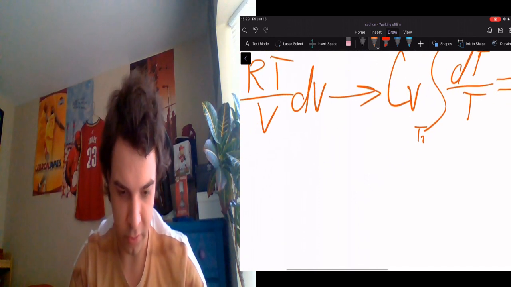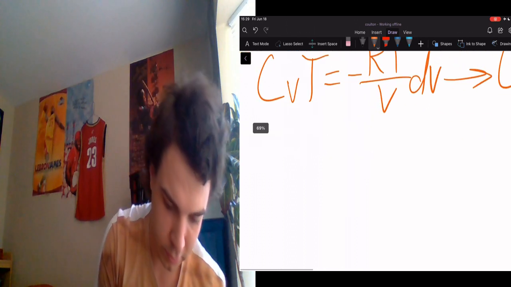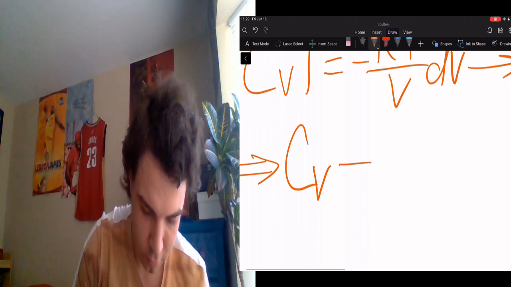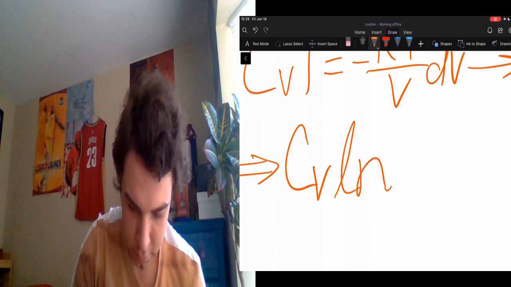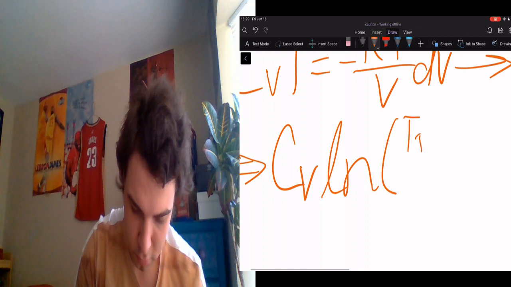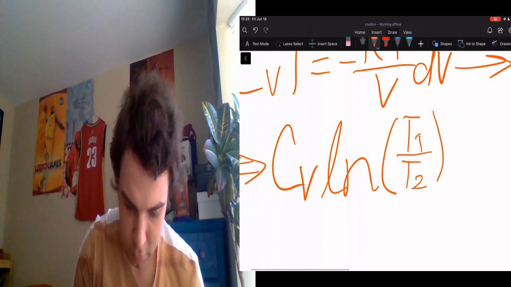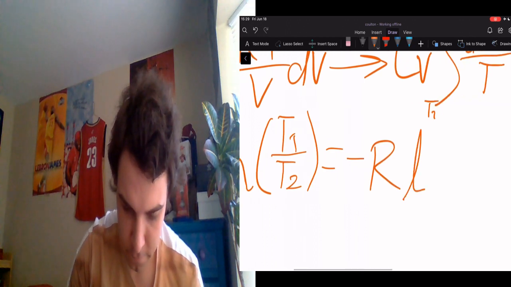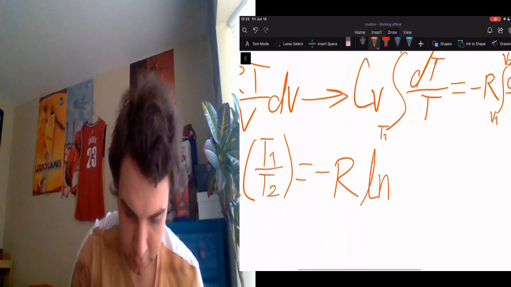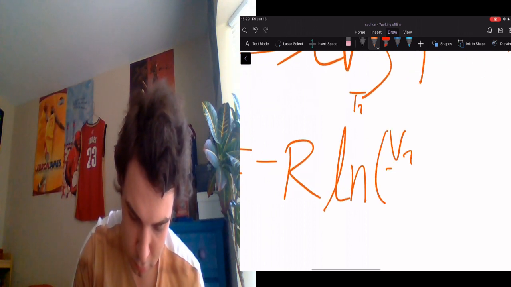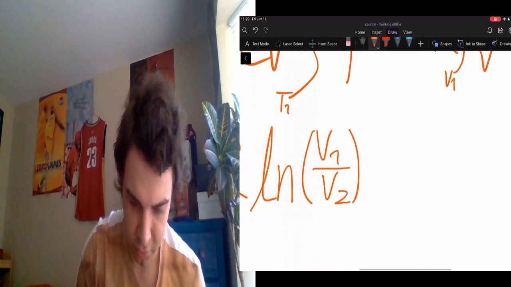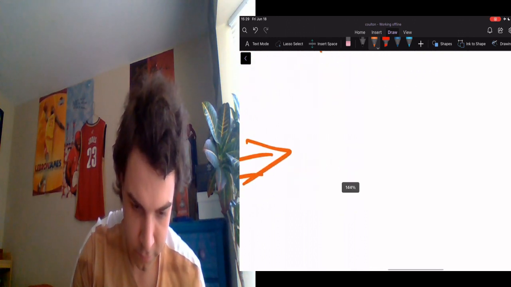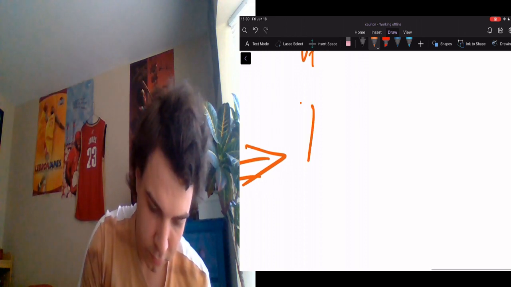And then we go to solve these integrals, and that will look like CV ln equals negative R ln V2, and that gives us T1.